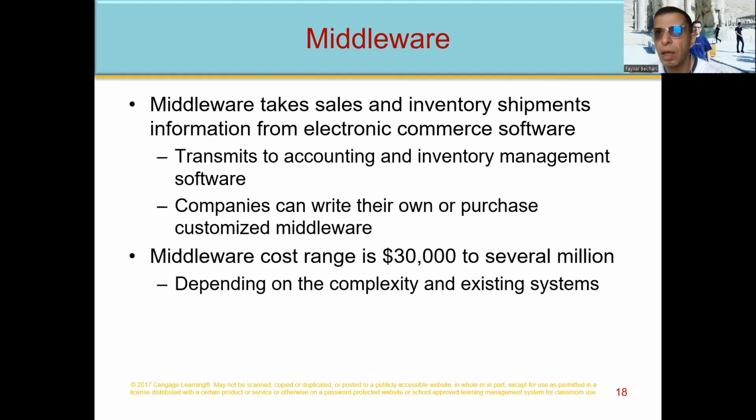Now, there must be some middleware that connects your back-end system to the front end, and it's called middleware. Middleware takes sales, inventory, and shipment information from electronic commerce software and transmits it into accounting and inventory management software.